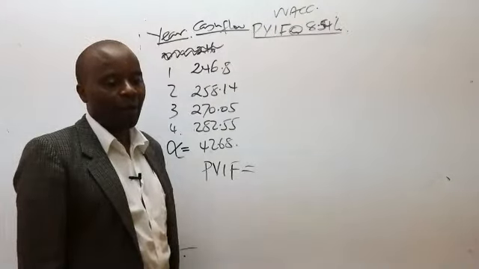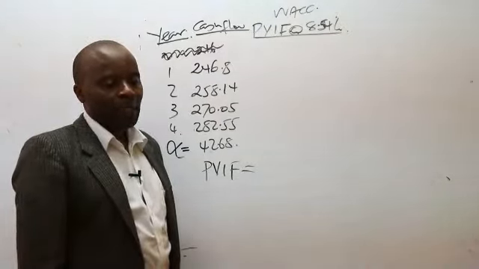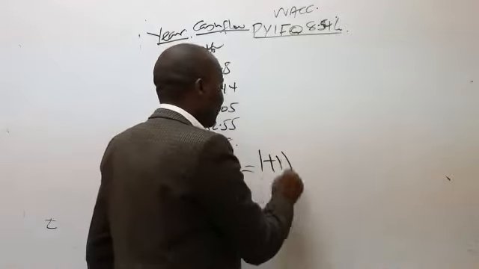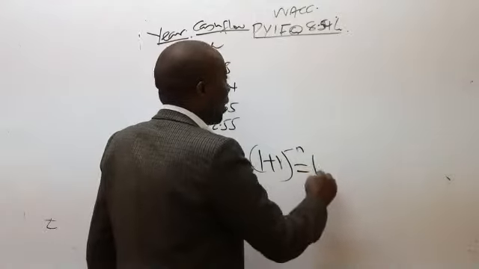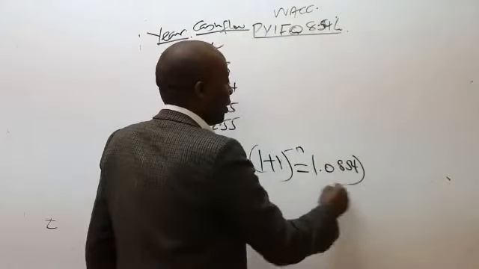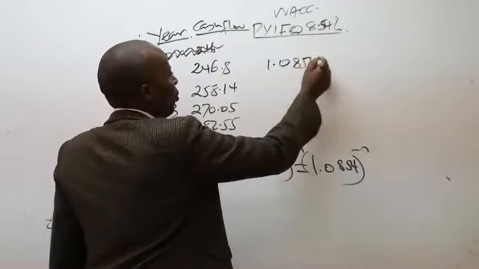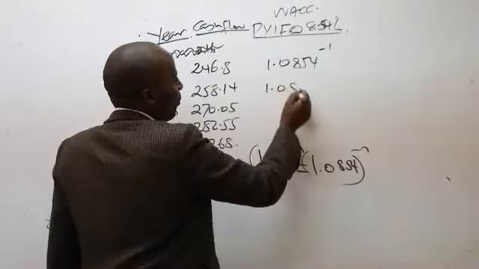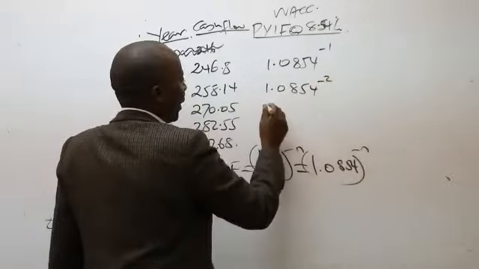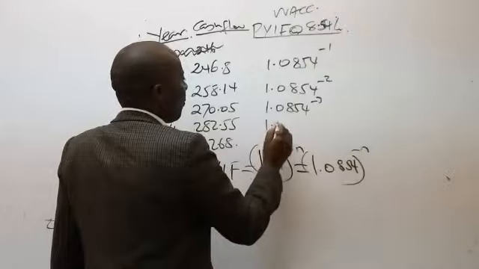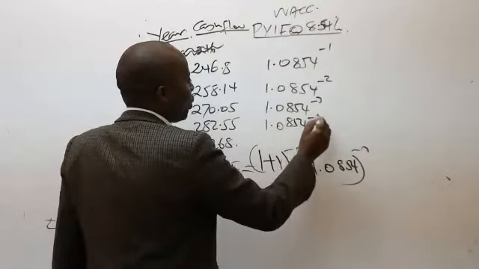PV equals who? One plus r raised to negative n. So it will be 1.0854 raised to negative n. So 1.0854 raised to minus 1, 1.0854 raised to minus 2, 1.0854 raised to minus 3, 1.0854 raised to minus 4.